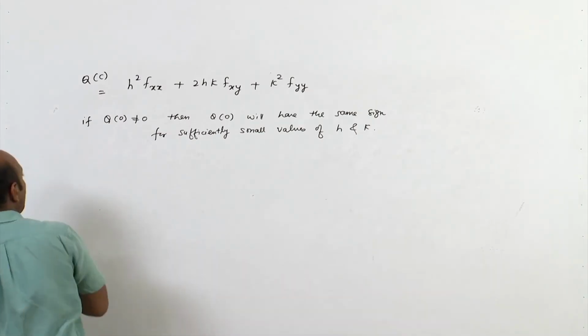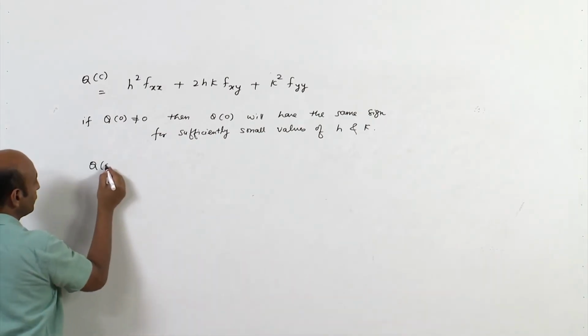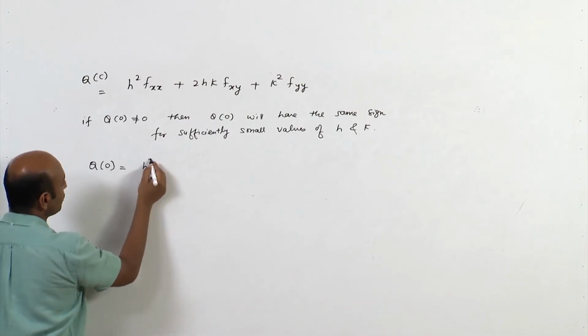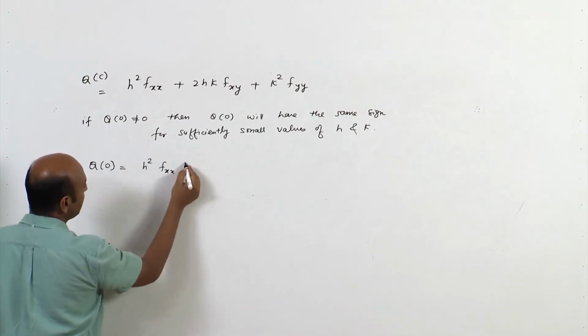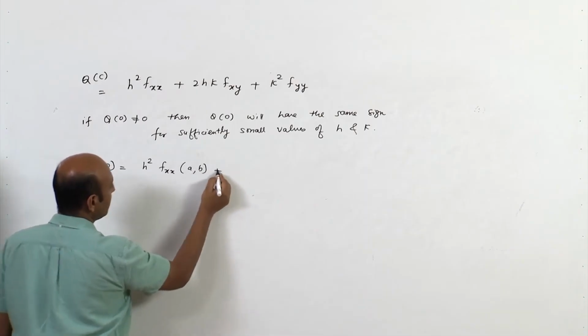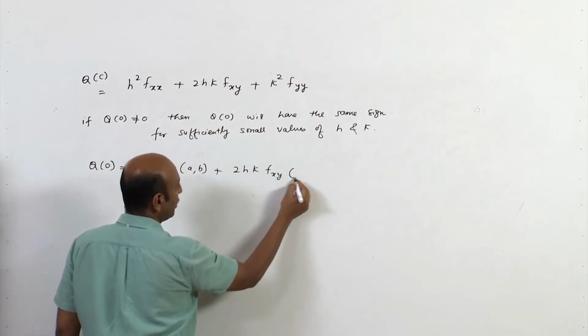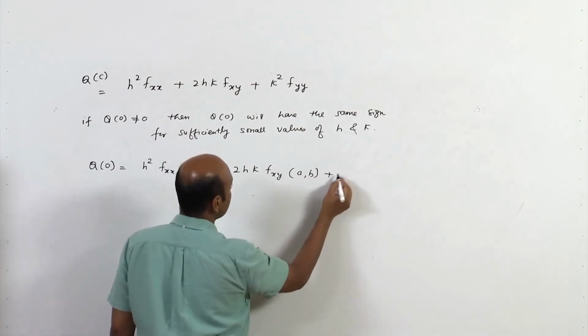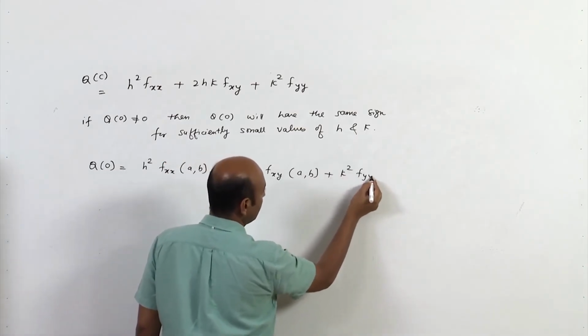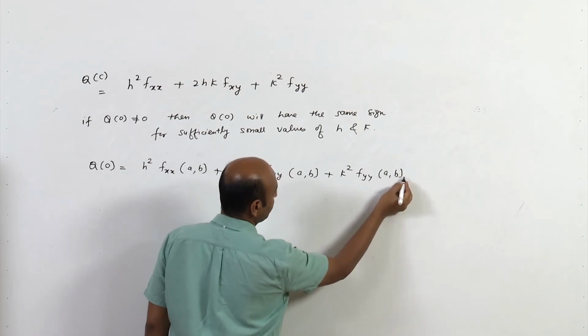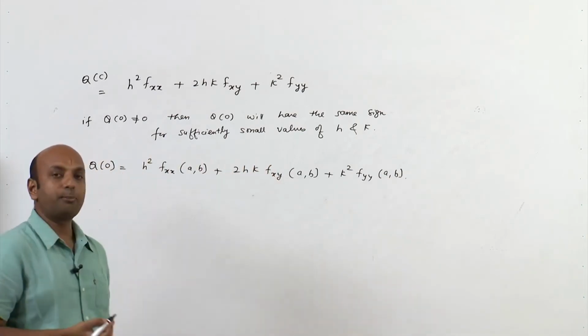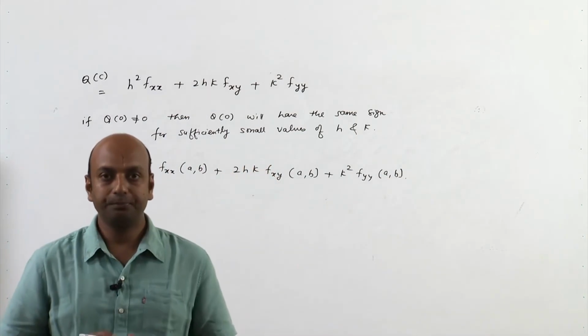So, Q0 will be h² fxx at (a, b) plus 2hk fxy at (a, b) plus k² fyy at (a, b), because when c is 0, the point will be nothing but (a, b).